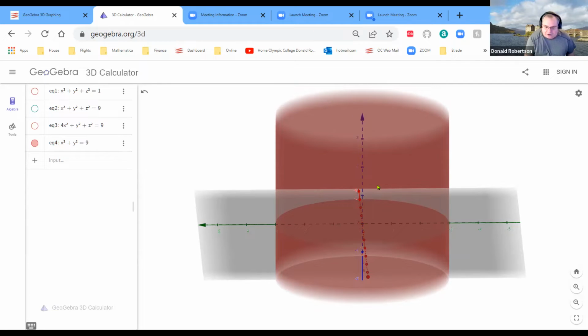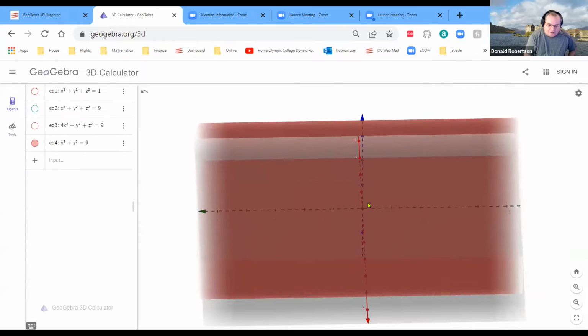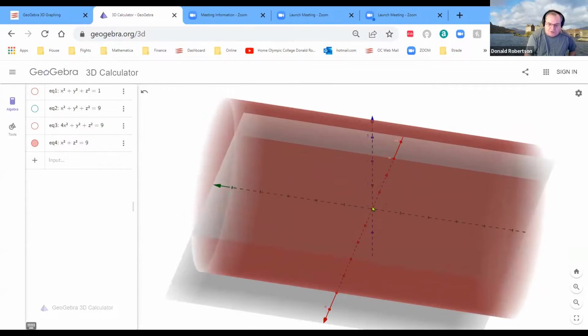Now, do you notice that the direction of this cylinder is vertical? And I know that it's vertical because the equation is x squared plus y squared. If there's a variable missing, that's the direction of the shape, right? So in this case, it's z. If I change this shape to x squared plus z squared equals 9, do you see that the orientation of that shape is now in the direction of the y-axis?